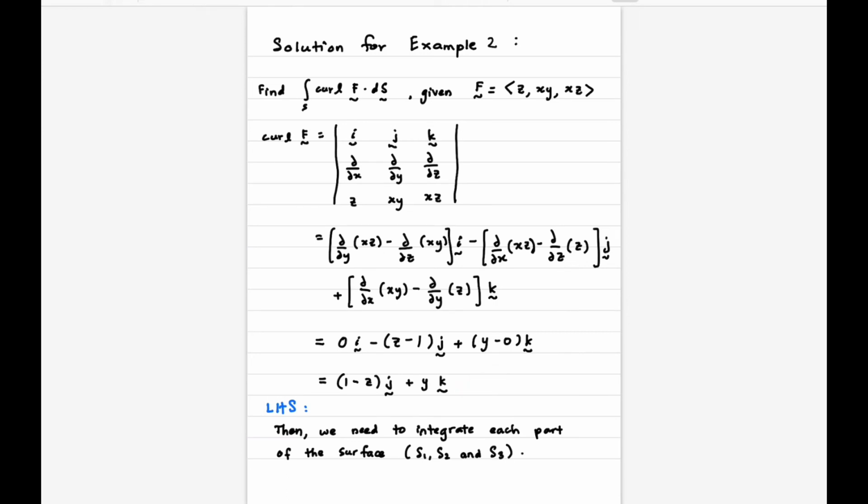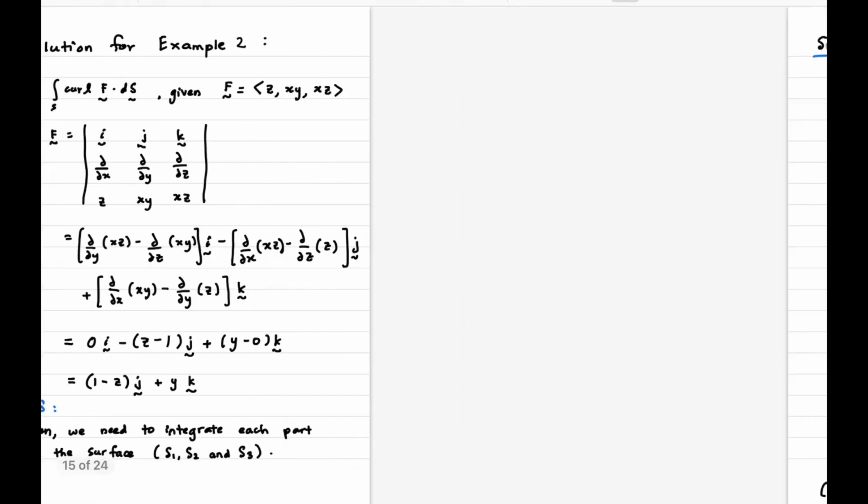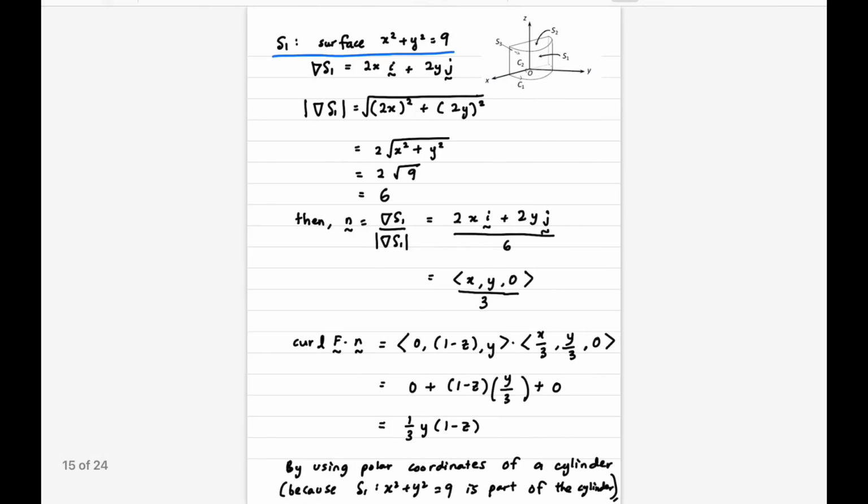Then we need to integrate each part of the surface, S1, S2 and S3. So S1 is the surface x squared plus y squared equal to 9. This is the surface S1, so this is a half circle. So your n will be del S1 over magnitude del S1.